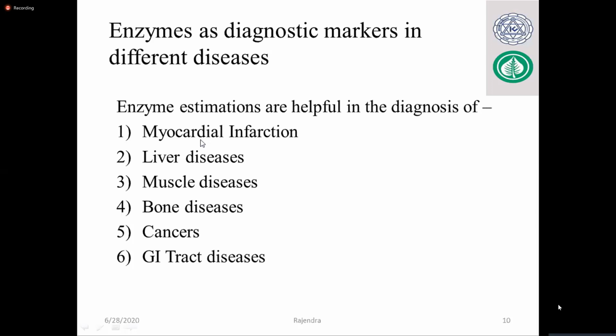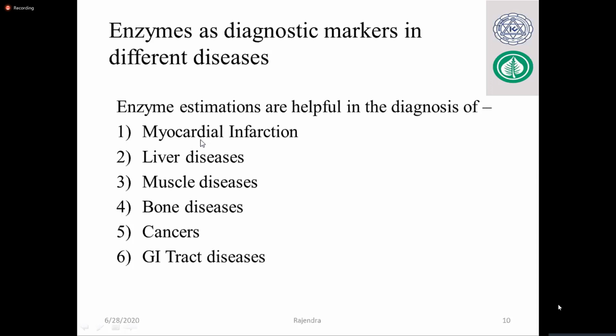Yes, and even coronavirus, if you see the latest topic, however, that is related to microbiology, but this is just the ongoing topic, that's why I'm focusing on corona only. And many patients are dying with myocardial infarction having coronavirus infection. That means myocardial infarction is very common.